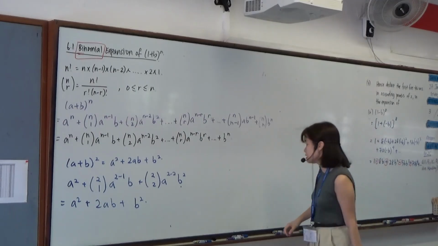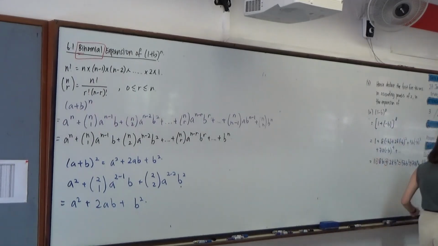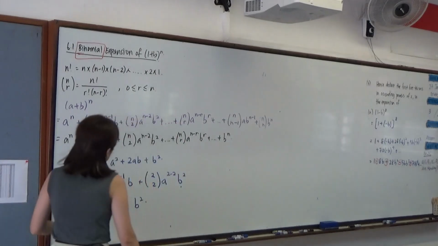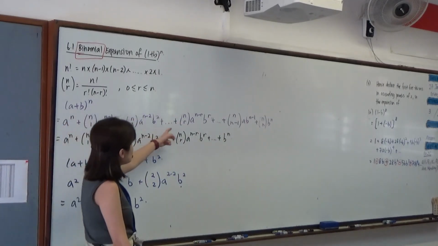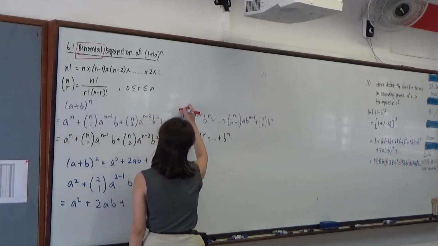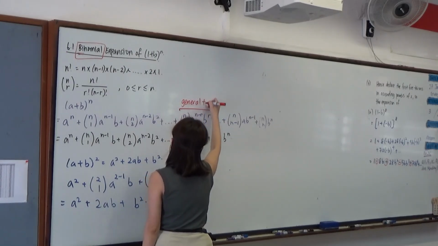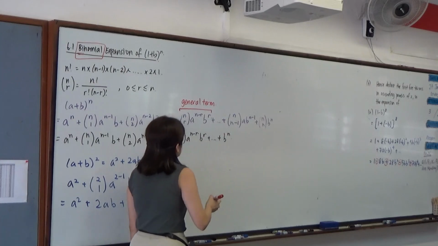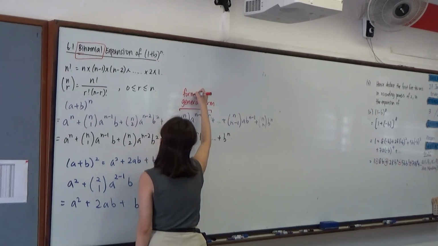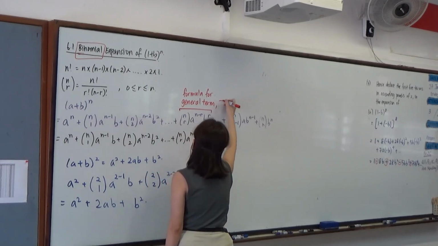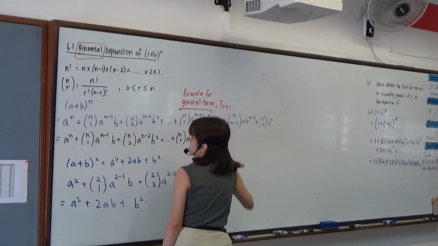But before that, another thing that I want to point out to you about this formula is that this n choose r is the general term formula. So this is the formula for the general term, and the general term is T r plus 1.